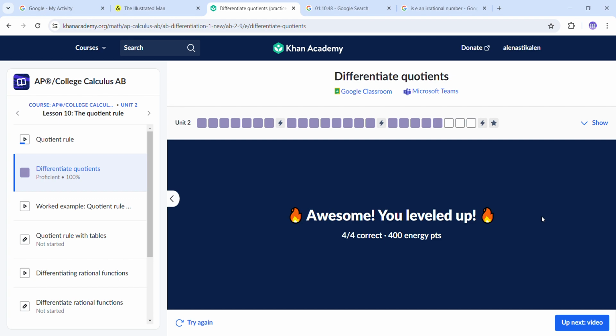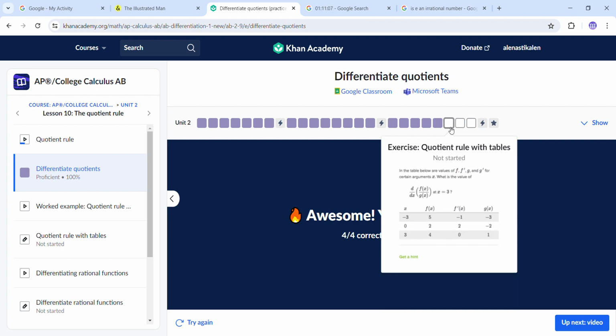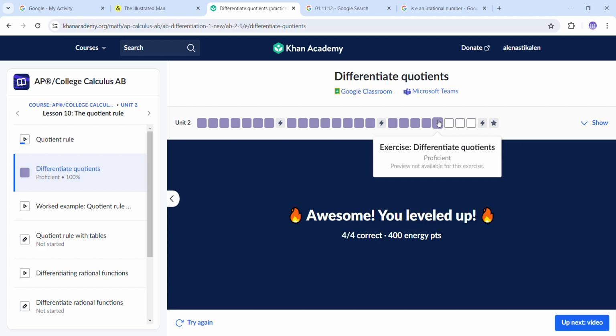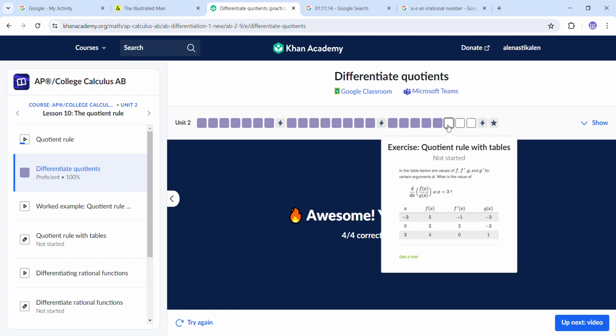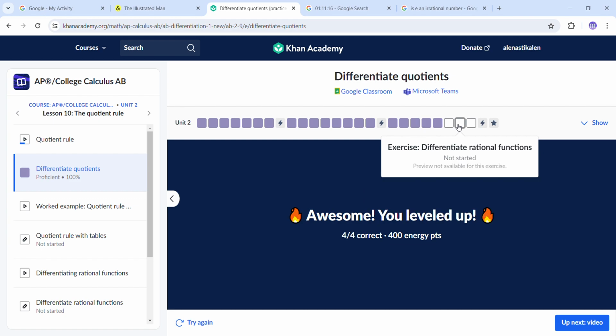We have 3 more to go. And then we have a whole Unit 2 test, which is going to be comprised of, I feel like, 30 questions. We also have to do good on. This is pretty much just old things, derivative, differentiating, everything. That's not even that bad. Quotient rule with tables. This right here is the same thing as what we did with the product rule tables, right?